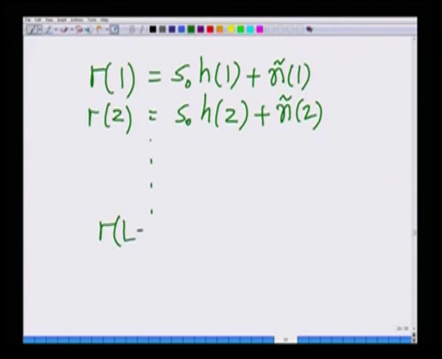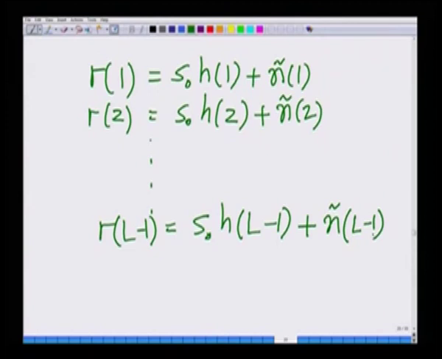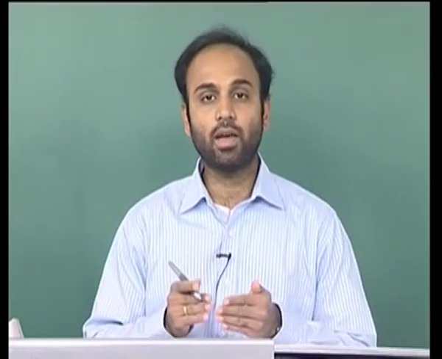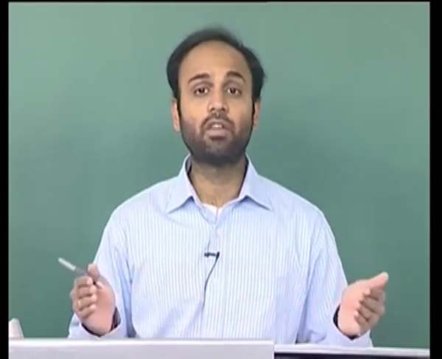I have R of L minus 1, which is S0 H of L minus 1 plus n tilde of L minus 1. And of course, we previously had R of 0 equals S0 H of 0 plus n tilde of 0. Hence, I can now separate out these L multipath components that are arriving at the receiver, which I could not previously do in a conventional wireless system.